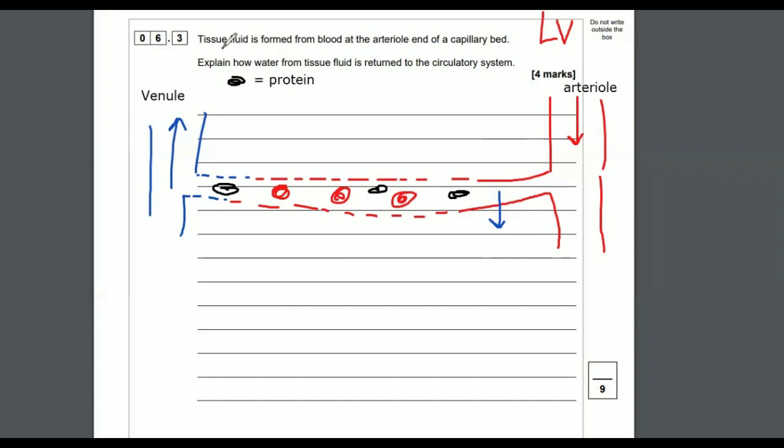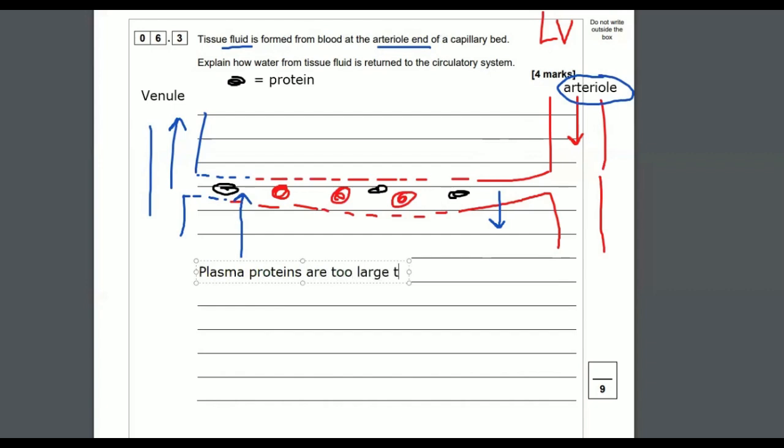So we're not really dealing with the arterial side. Obviously, water is squeezed out here, shown by this blue arrow. Small water molecules, there's osmosis going on, but there's also the high hydrostatic pressure caused by the left ventricle. But on the venular end, the water potential is higher in the tissue fluid than in the blood, so we get osmosis from the tissue fluid back into the capillary in the blood.